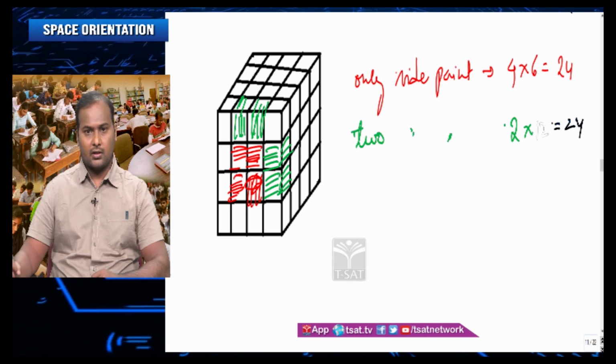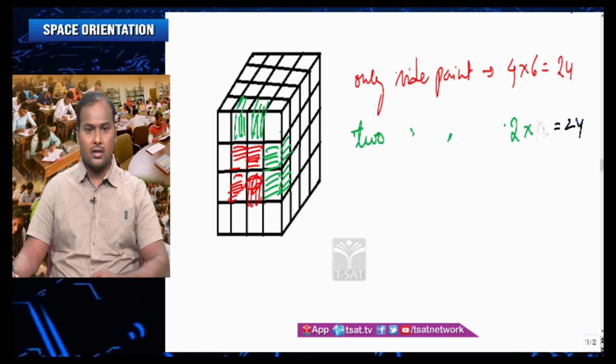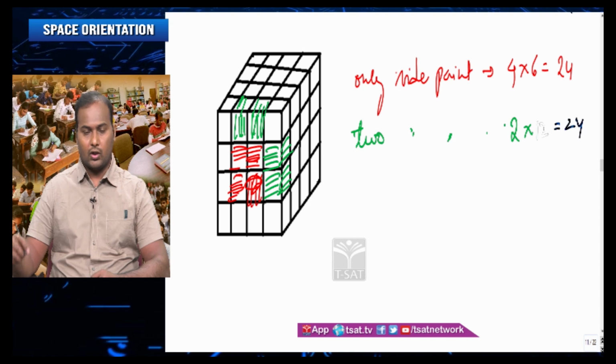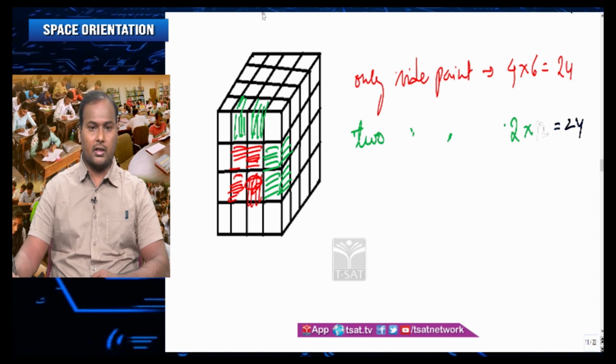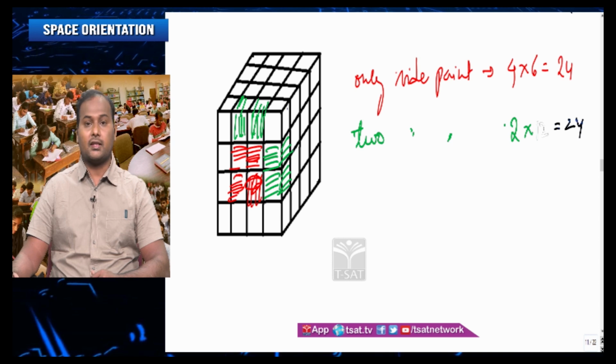Two side paint is 24 because it is possible only on the edges. Each edge 2, total 12 edges, 12 into 2, 24.